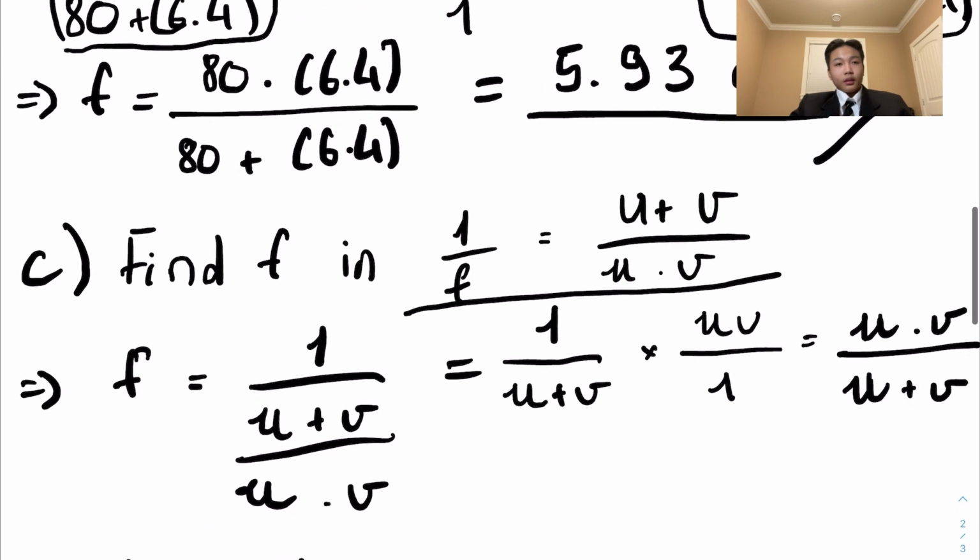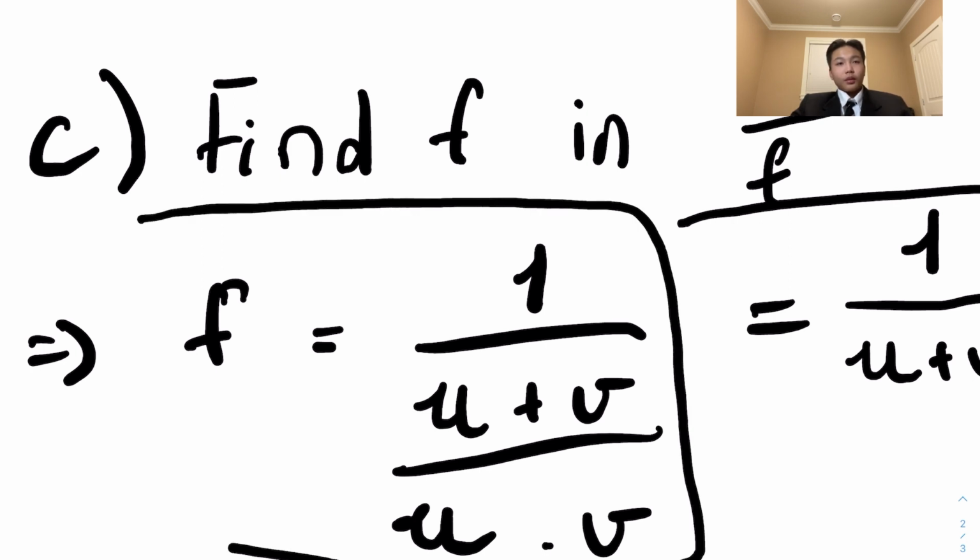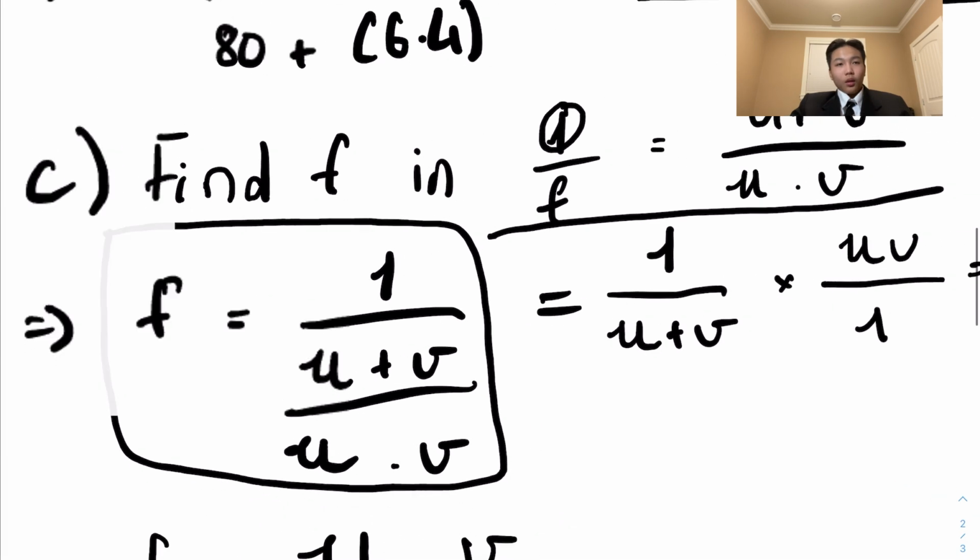So we are now to find f. We must take 1 and divide by the right side, which gives f equals 1 over u plus v over u times v.